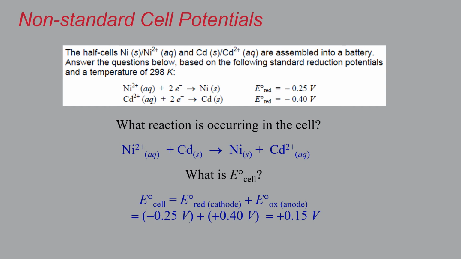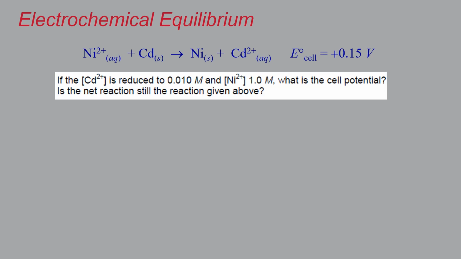Okay. Now let's talk about what would happen if you ran this battery with non-standard nickel and cadmium concentrations. And now we get to the third part of the question, which deals with the non-standard conditions.